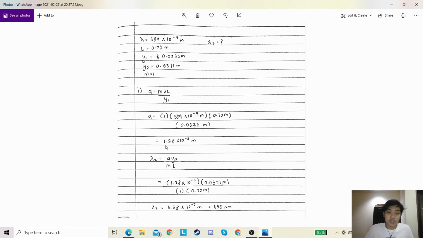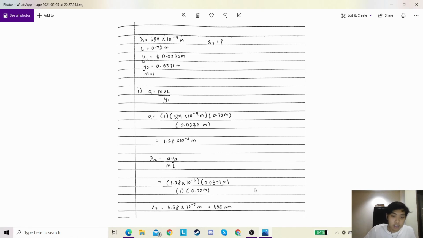After we get the value of A, we can get the wavelength of the second source by using the same formula, but we derive it differently. The formula is wavelength of the second source equals A times Y2 divided by M times L. So the A value is 1.28 times 10 power negative 5 meter, times Y2, which is 0.0371 meter, divided by M equals 1, and L is still the same, 0.72 meter.